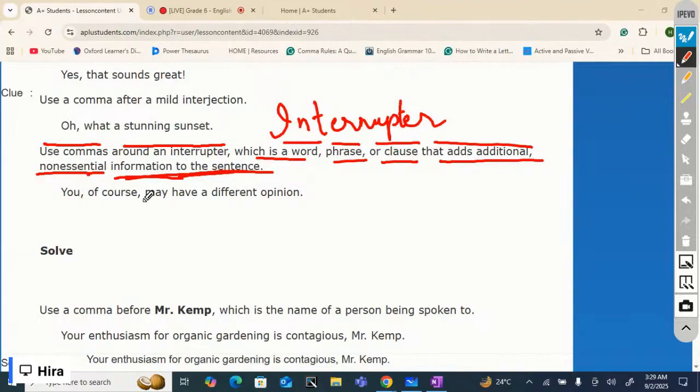You, of course, may have a different opinion. So, of course, here is a phrase, it's an interrupter. So, we'll use commas around this interrupter because this is non-essential information, or you can say additional information. So we'll put commas around it.